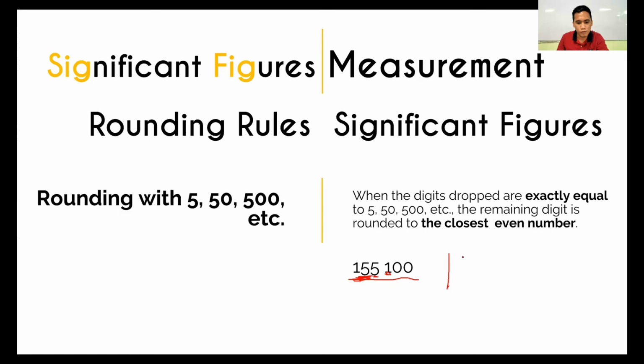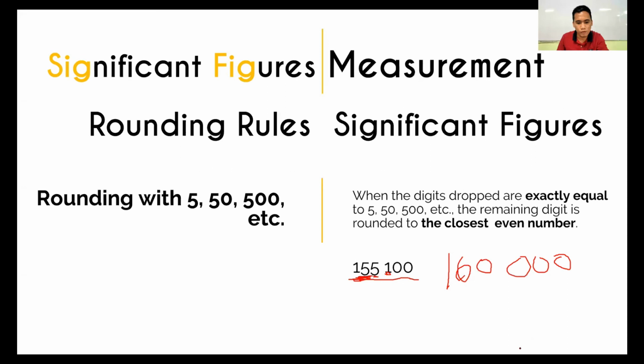So it is 160,000. Always remember, if it is 5 but has a succeeding number, then we round up. But if it is exactly 5, with no succeeding number, or the succeeding numbers are all zeros, then we apply the odd-even rules.